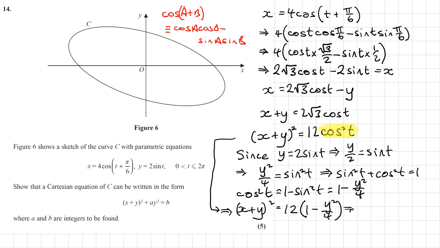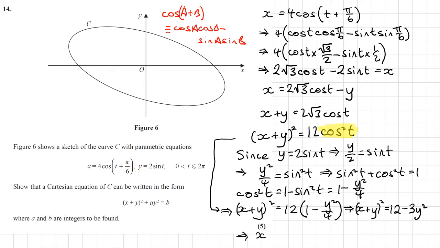Multiplying out the brackets, I'll have (x plus y) all squared is equal to 12 minus, now 12 over 4, that's going to be minus 3y squared. We're almost there to get it in the form that they want.